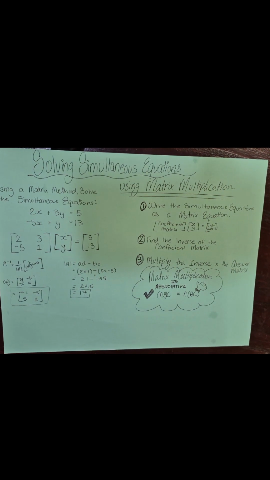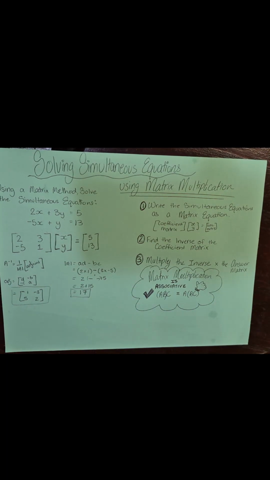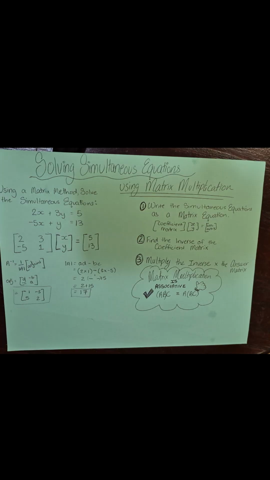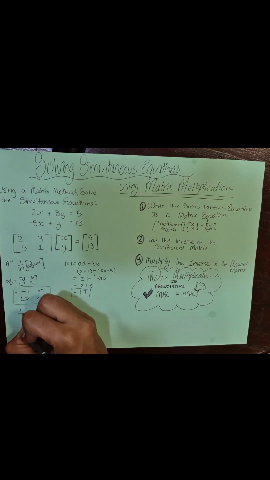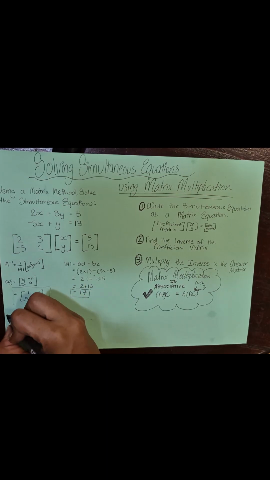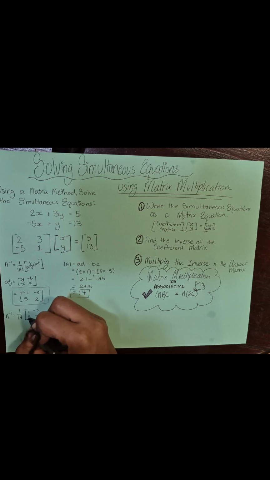Now we can find our inverse, which is going to be 1 over the determinant, so 1 over 17 times the adjoint. And how do we multiply by a fraction?